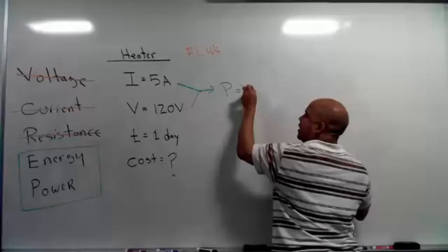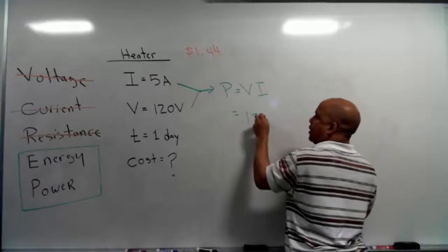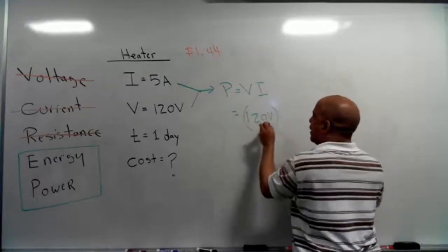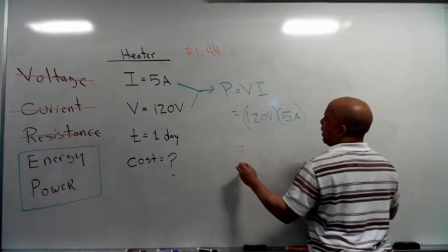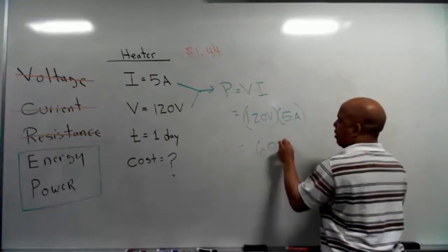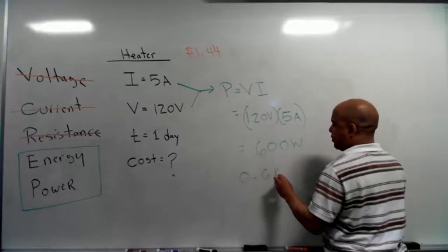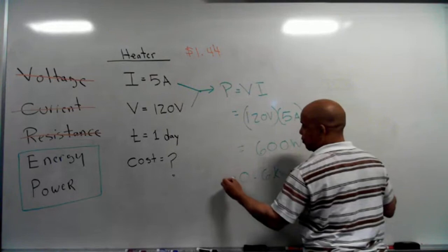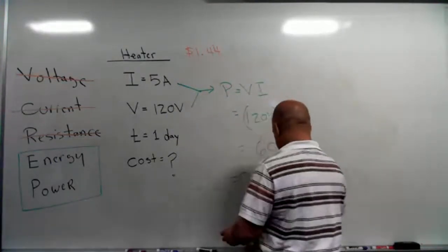P equals V times I will give me the power. So I got 120 volts. I got 5 amps of current. My power is 600 watts or 0.6 kilowatts.